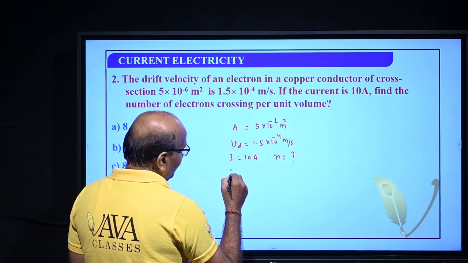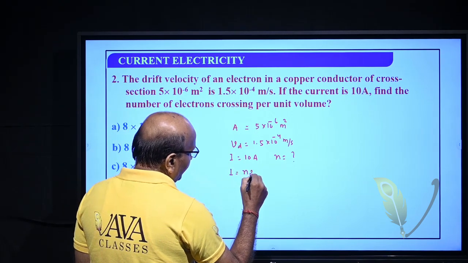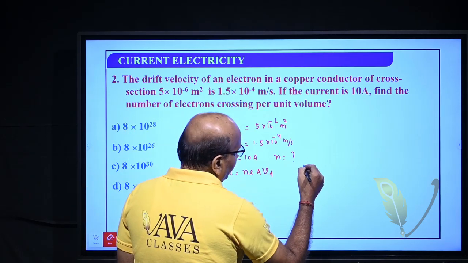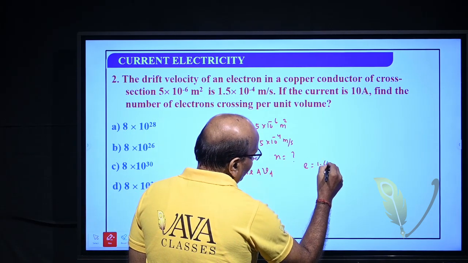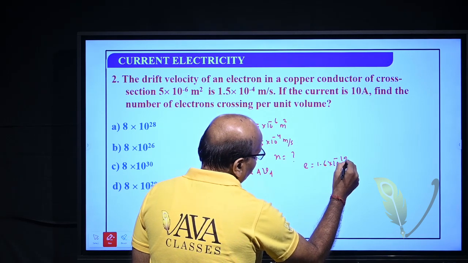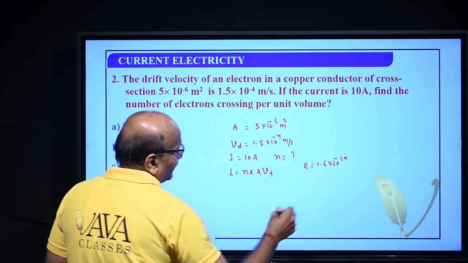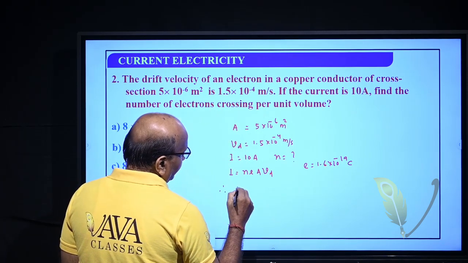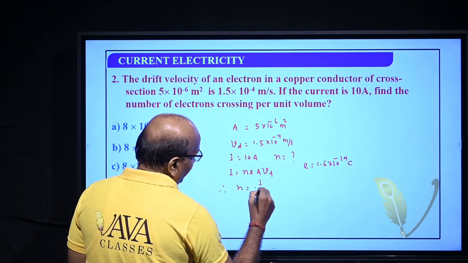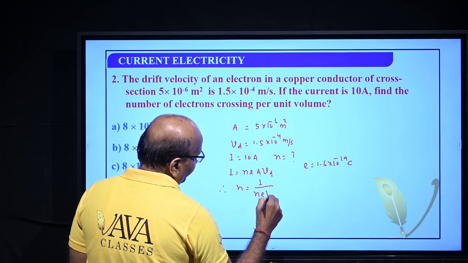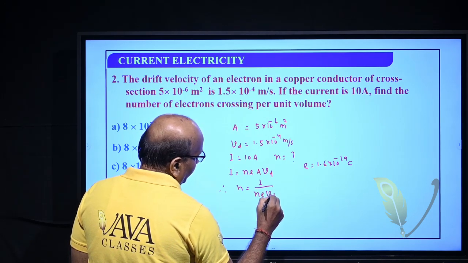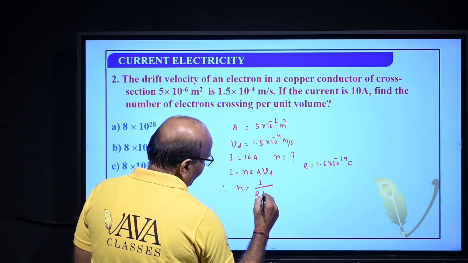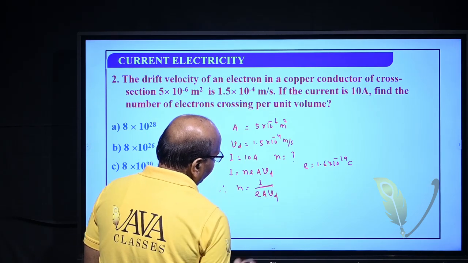So, the formula we know, I is equal to NEA Vd. Here E is the charge of electron, already known, 1.6 into 10 to the power minus 19 coulomb. Therefore, we can write N is equal to I by EA Vd.